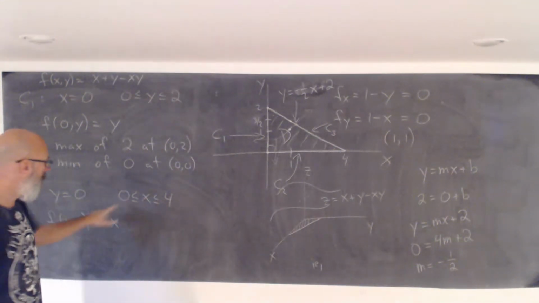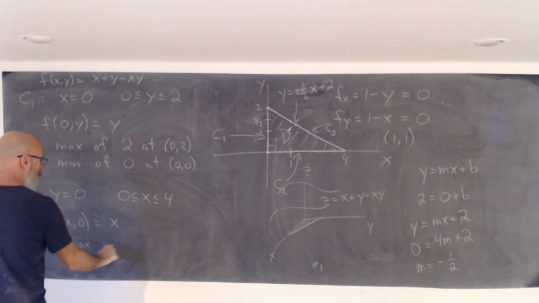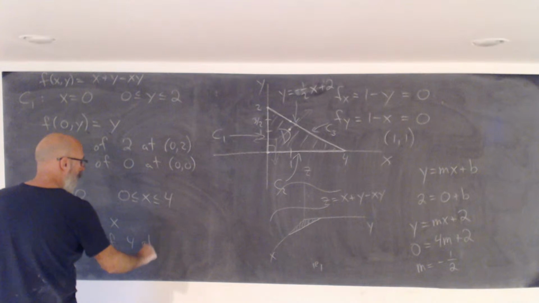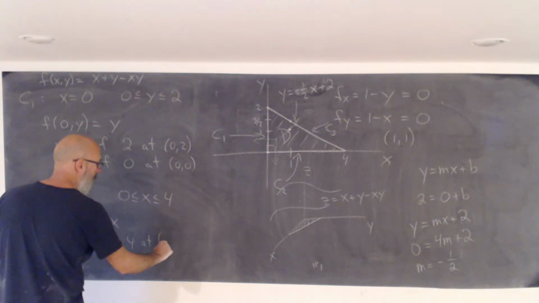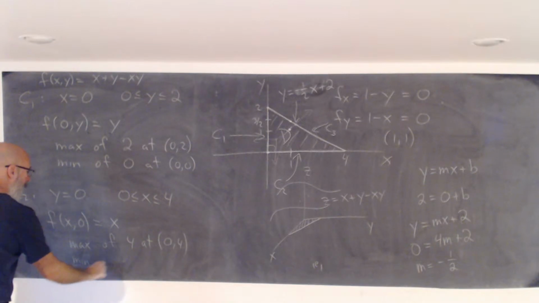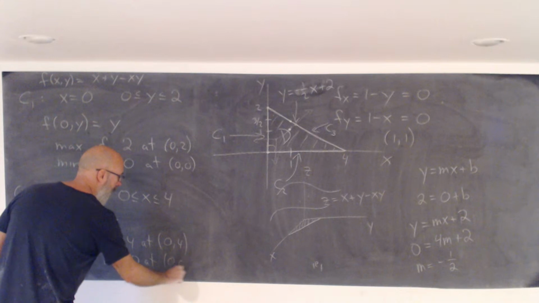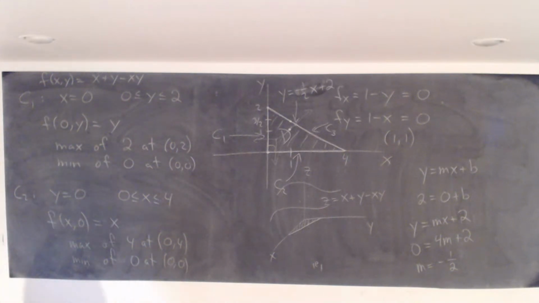So again, we have a maximum of 4 at the point (4, 0), and a minimum of 0 at the origin.